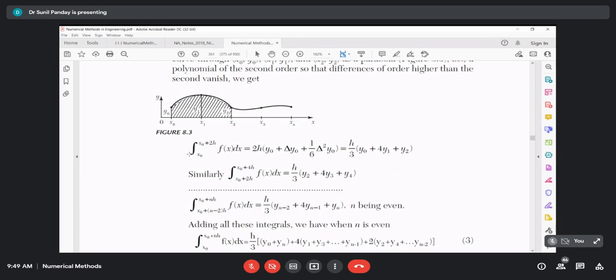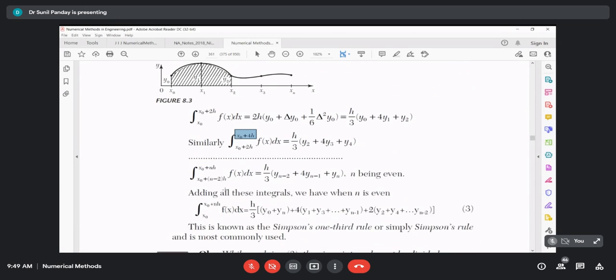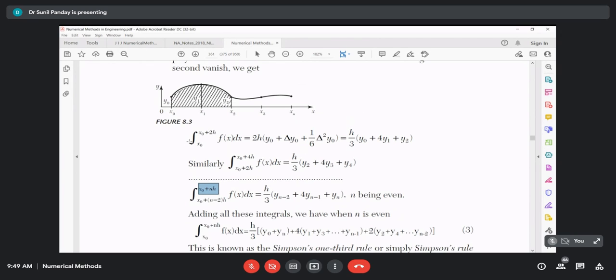You can see here x naught, x naught plus 2h, then x naught plus 4h, and so on, up to x naught plus (n minus 2)h and x naught plus nh. a means x naught and b is x naught plus nh. So we have to divide this given interval into n even sub-integrations.